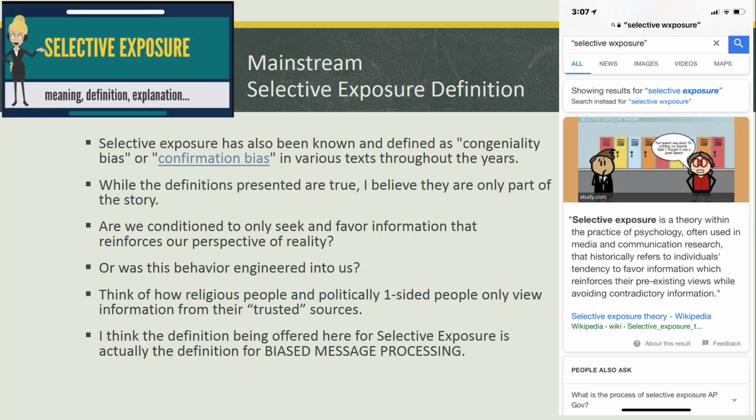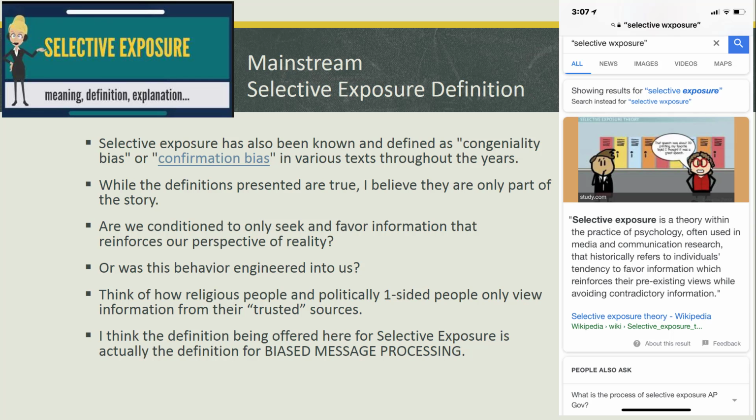So while the definitions presented are true, I believe they are only part of the story, because both of these are still blaming the viewer. But I ask, are we conditioned to only seek and favor information that reinforces our perspective of reality? Or was this behavior engineered into us?